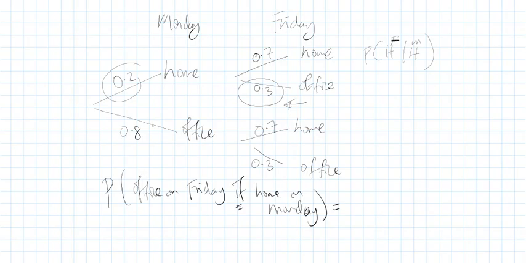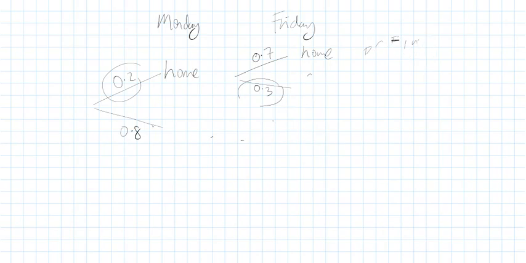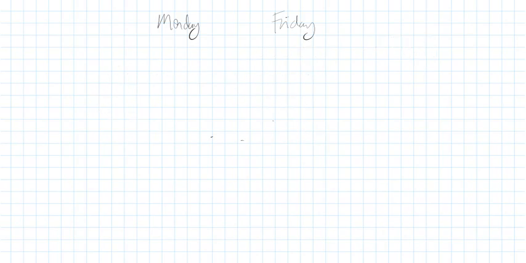If the person was at the office on Monday, then the probability the person is home on Friday is 0.7. If the person was at the office on Monday, the probability that the person is at the office on Friday is 0.3. So all of these are conditional probabilities. We can delete those now. The one thing you can remember is that when it's a conditional probability, it's on the second branch.